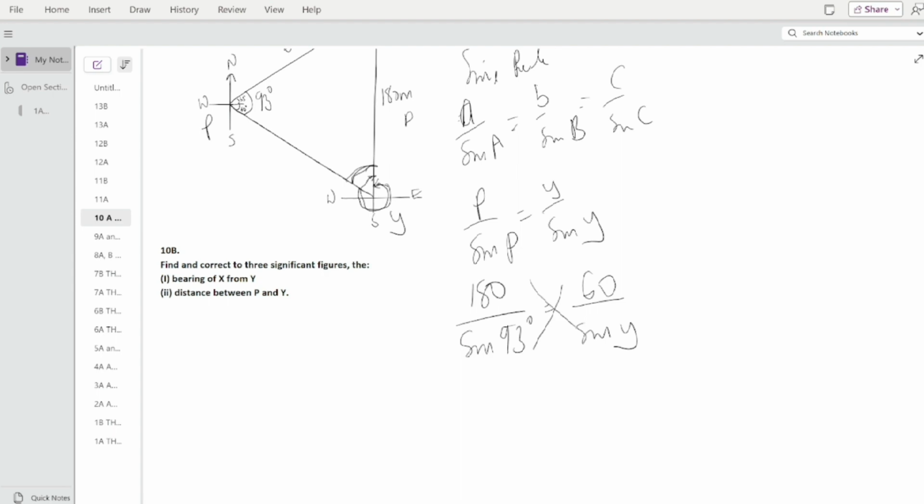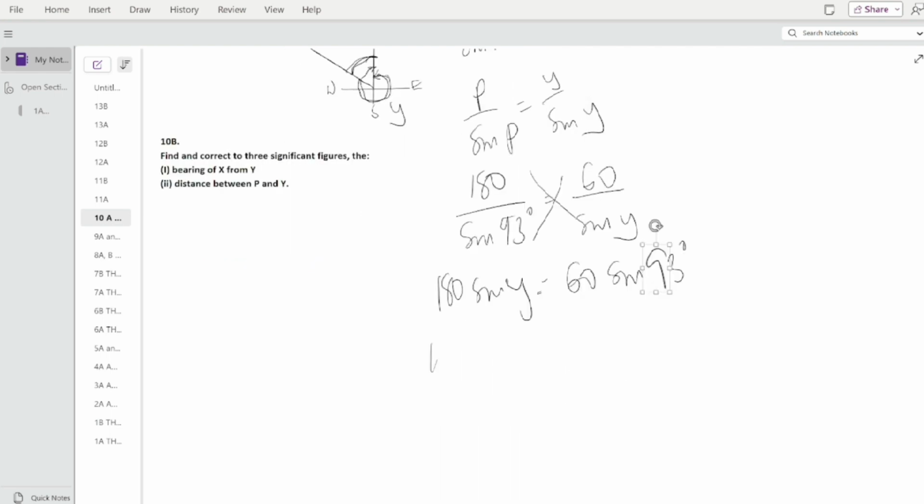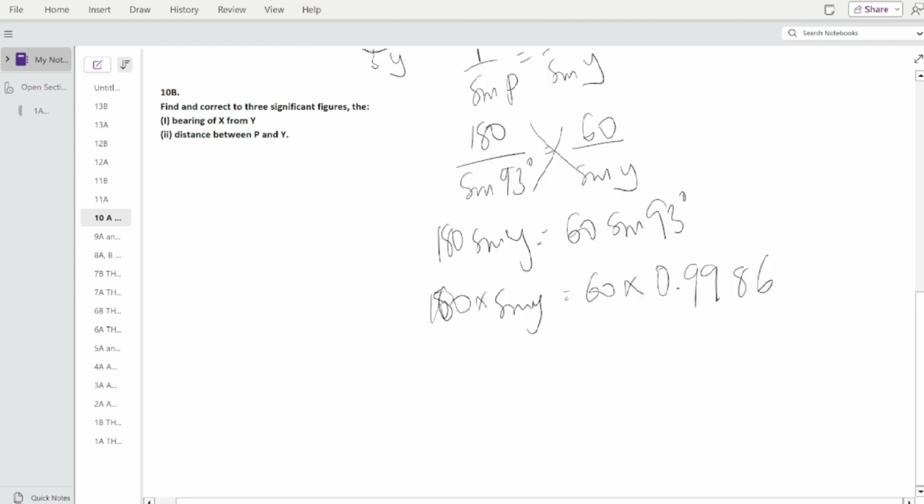Cross multiply like this. We have 180 sine Y equals 60 sine 93 degrees. 180 times sine Y equals 60 times sine 93 is 0.9986. Our sine Y is equal to, divide both sides by 180 to get rid of the 180.